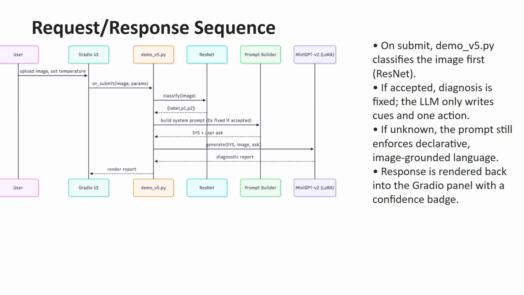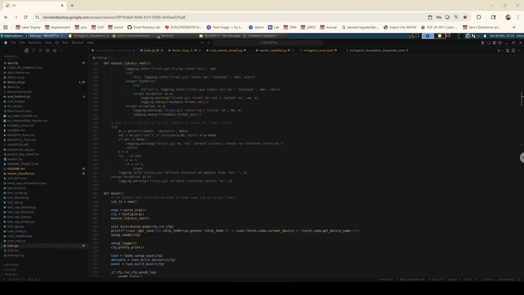But thankfully ResNet has been very accurate so far in diagnosing, about 95 plus percent accuracy on average. So the label is sent to the system prompt. The system prompt is built, and we ask the model to explain only from visible cues what is wrong, and provide a concrete next step for remediation.